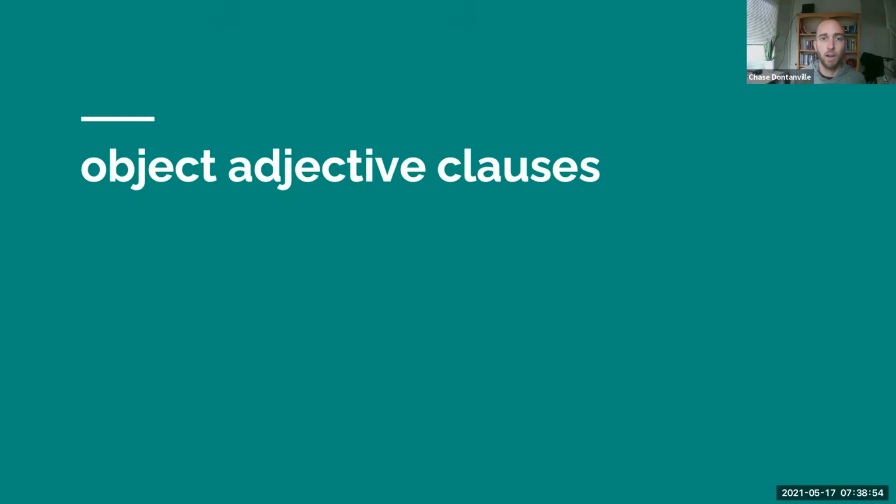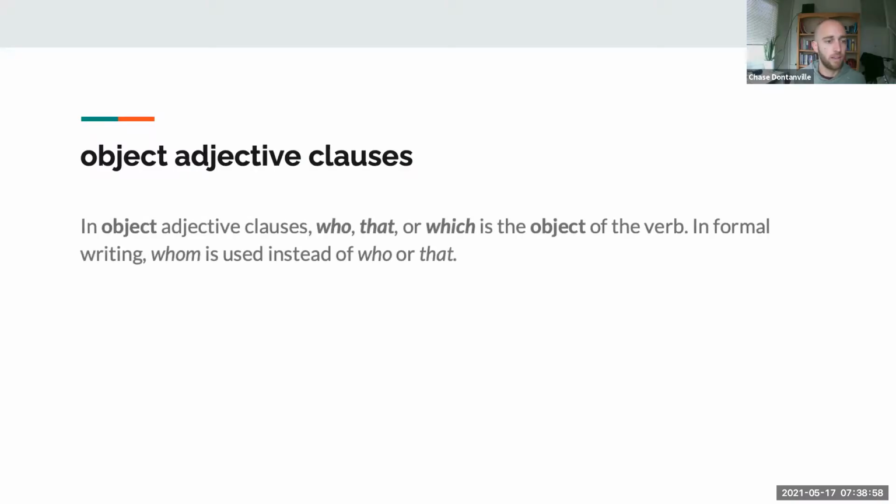Okay, what about object adjective clauses? In object adjective clauses, who, that, or which is the object of the verb, not the subject, the object, the receiver of the action. And in formal writing, whom is used instead of who or that. Only in formal writing.